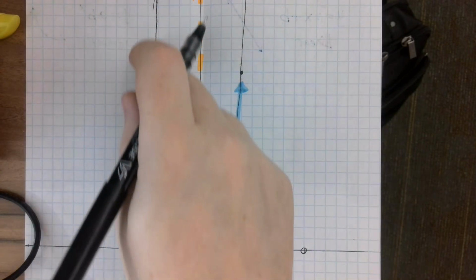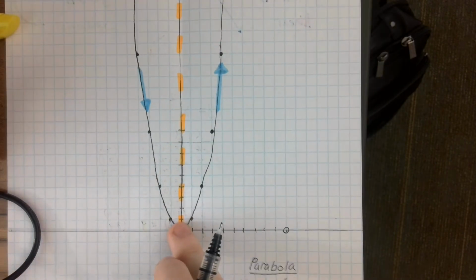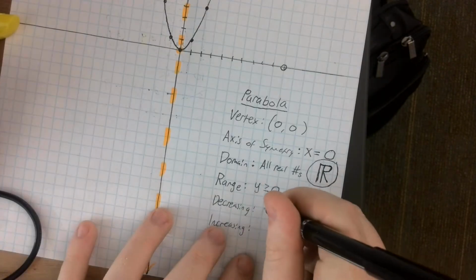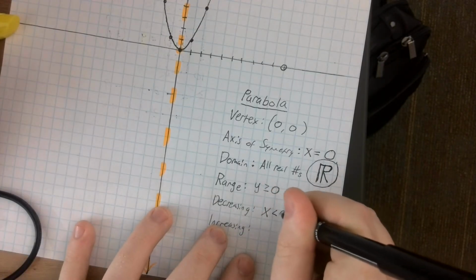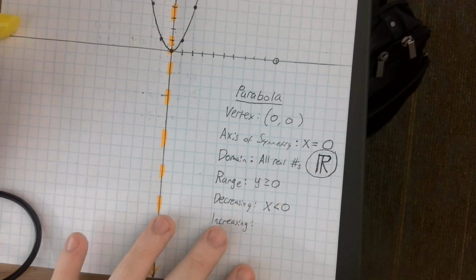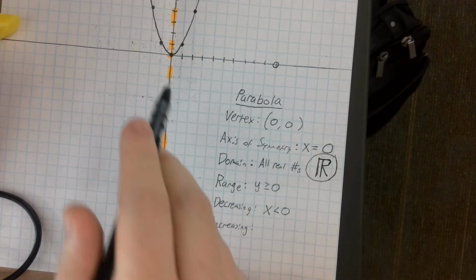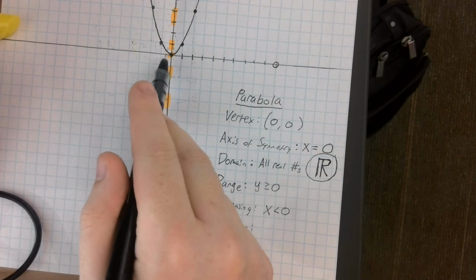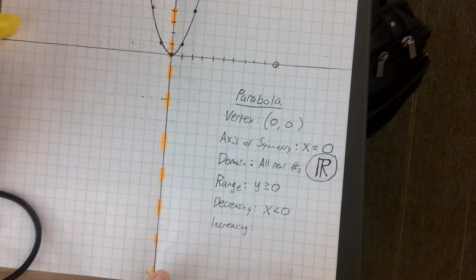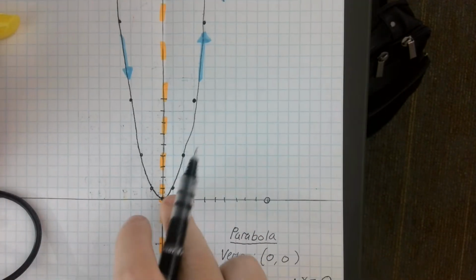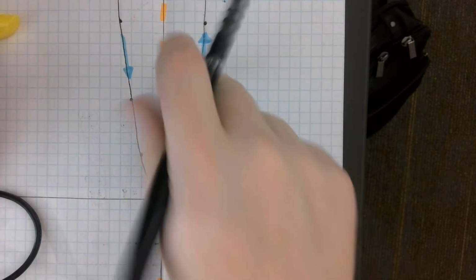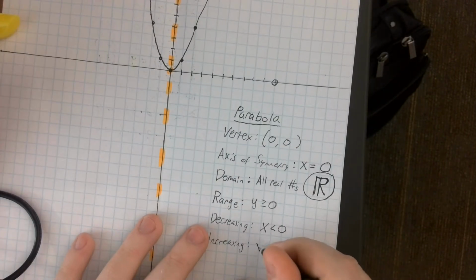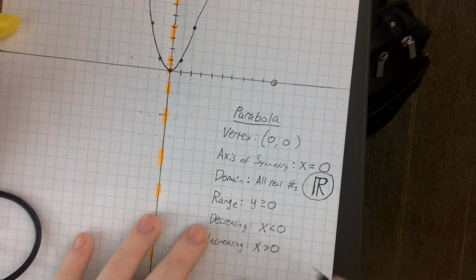So our parabola is decreasing up until it gets to 0. When x is less than 0, it's decreasing. At 0, we say it's not really decreasing or increasing. It's just there at the bottom. Finally, after we hit 0, it starts going up again. So we would say that it's increasing when x is greater than 0.